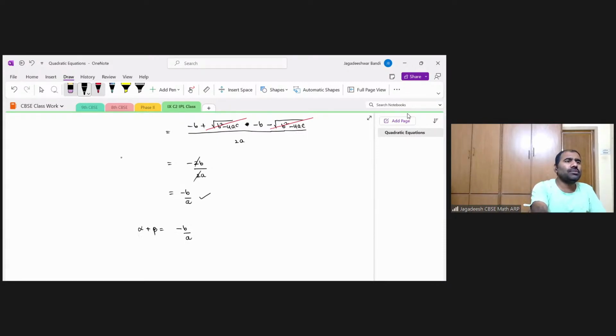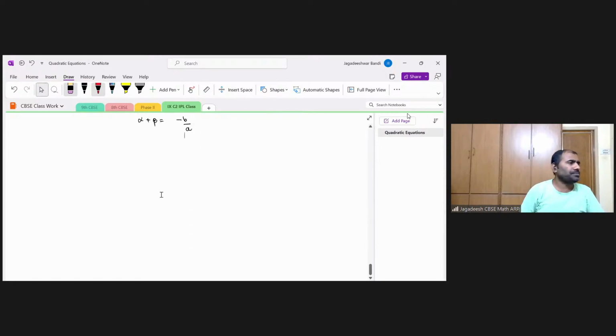Fine. Now let us observe the product of roots of a quadratic equation, the second one, which is alpha into beta. Now see, children, alpha is (-b + √(b² - 4ac)) divided by 2a.